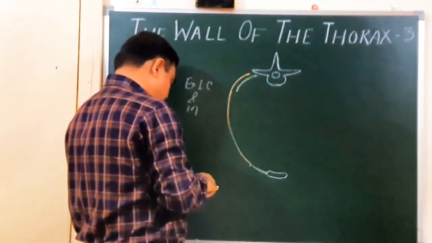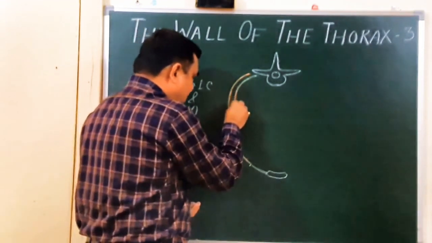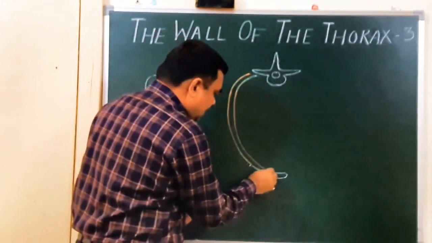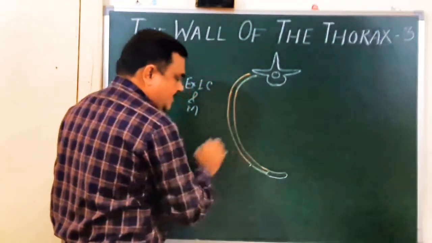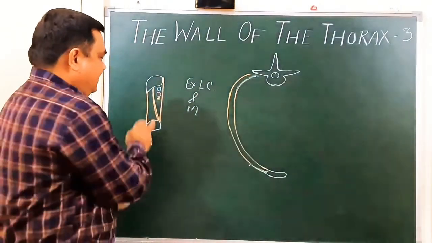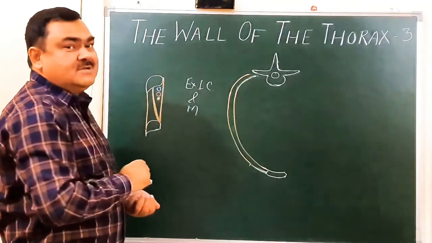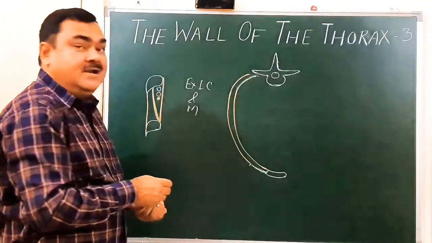And here is internal intercostal muscle up to the lateral margin of the sternum. Then there is this muscle. This is transverse thoracis, which contains 3 muscles.